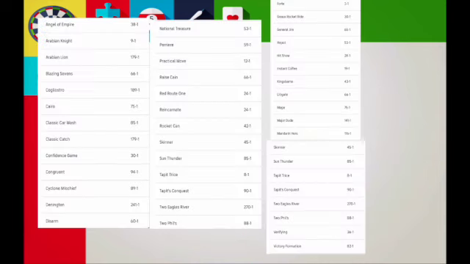And just how odds are used in real life. This is a list of the horses competing in the Kentucky Derby coming up in a few weeks. It's the first Saturday in May, I believe.